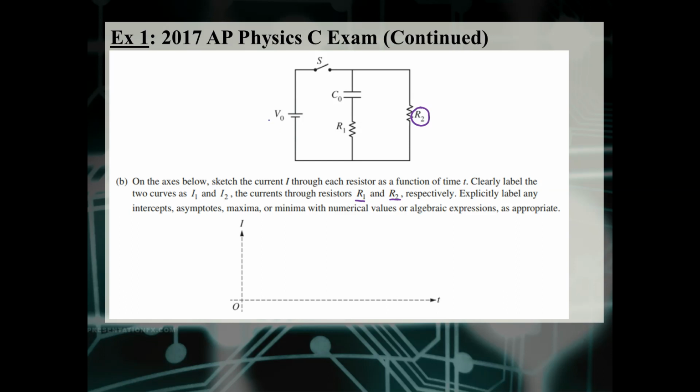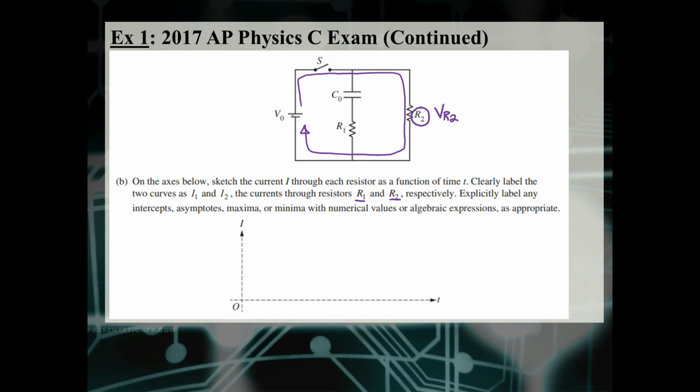Now, if you look at the setup here, regardless of what's going on in the middle branch, if you look at this outside loop, no matter what's going on in that inside branch, whatever voltage you gain across the capacitor or across the battery, you have to lose it across R2.